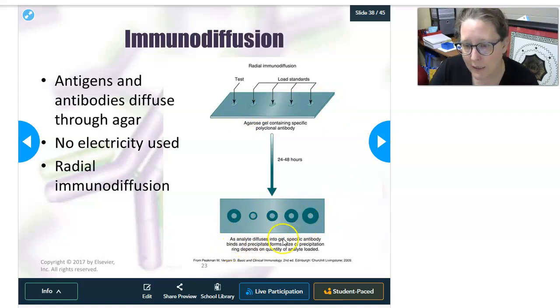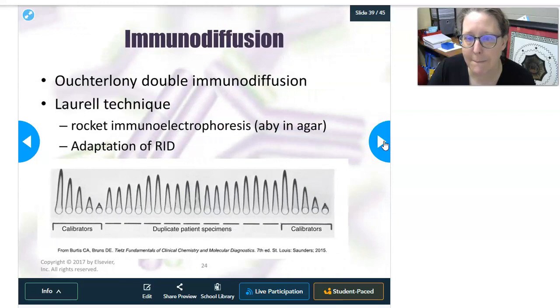As the analyte diffuses into the gel, specific antibody will then bind and a precipitate forms, and then you see these white circles of precipitate. The size of the precipitation ring will depend on the quantity of the analyte that was part of the sample. So it's pretty simple. It's a slower method that was used extensively. It's been replaced a lot by the automated immunoassays.